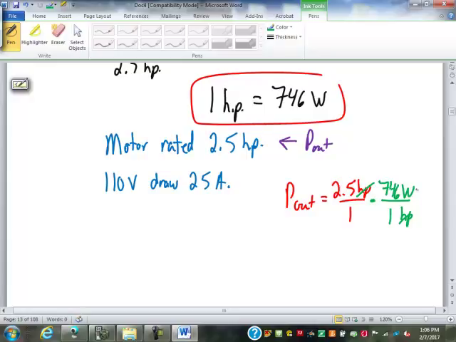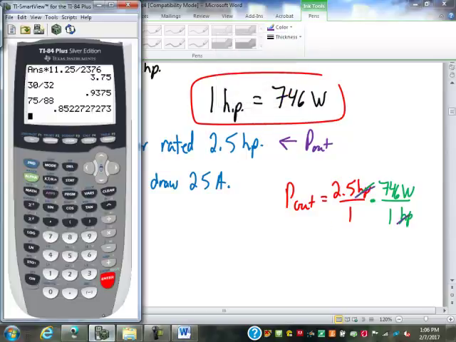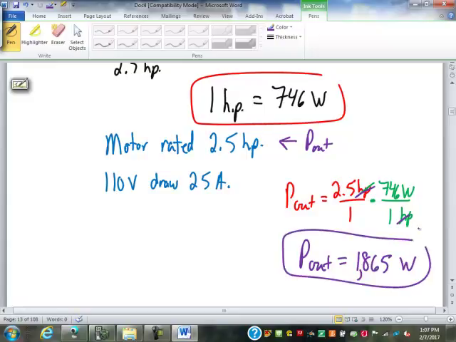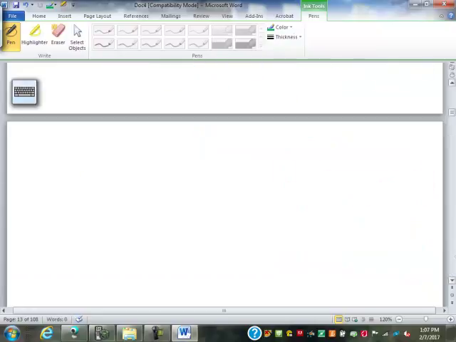Perfect. The watts go on top. So yes, the horsepower cancels out. 2.5 times 746, which is 1865. You are correct. So 1,865 watts, or 1.865 kilowatts if you wanted to change it. We're just going to leave it like that for now. What's the input power?